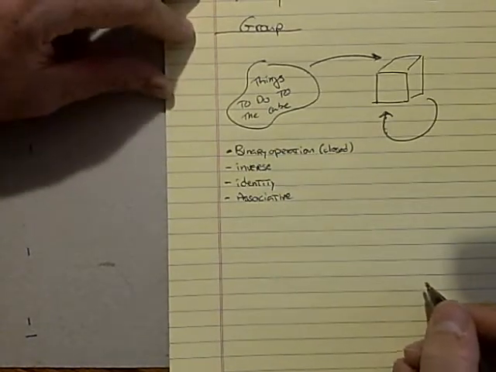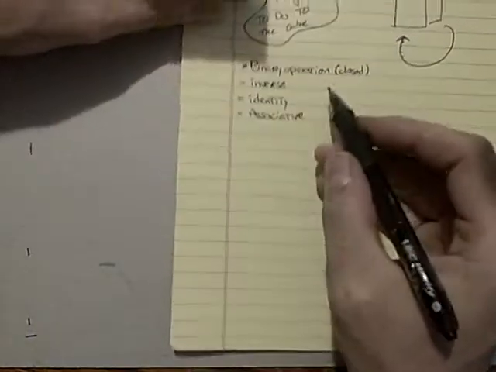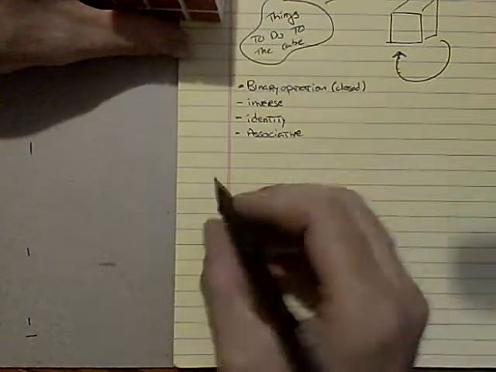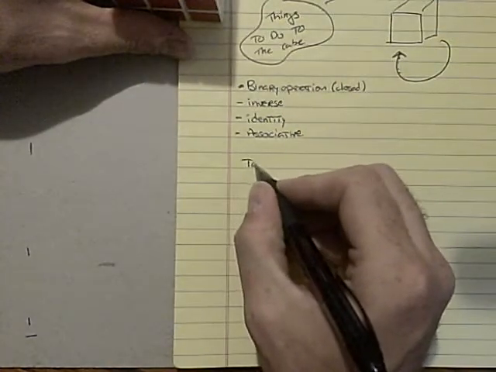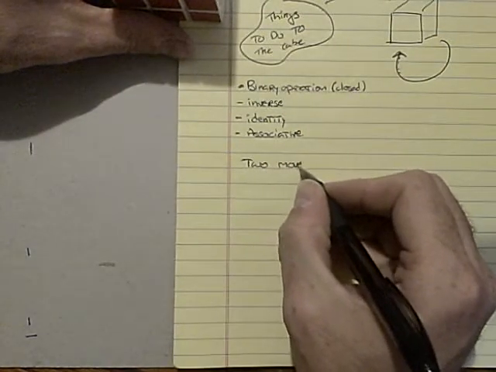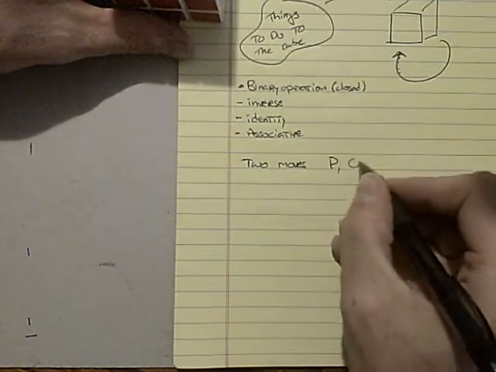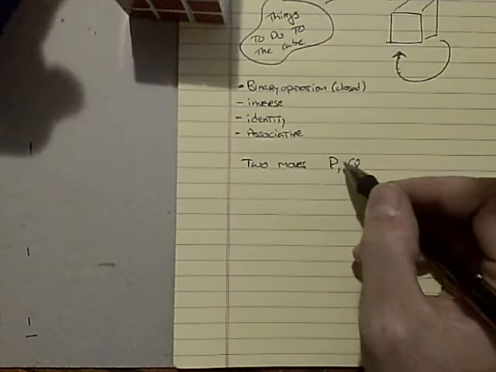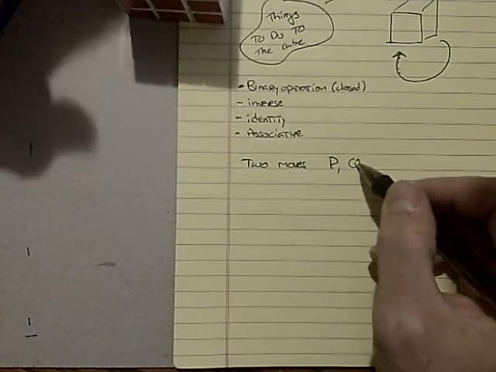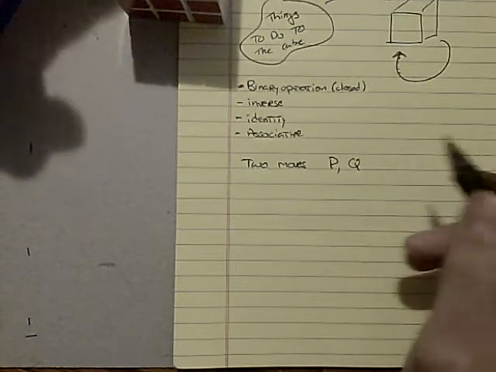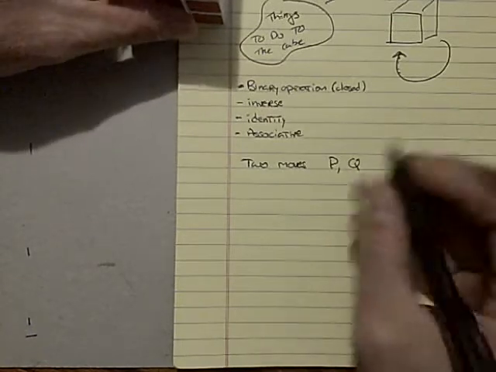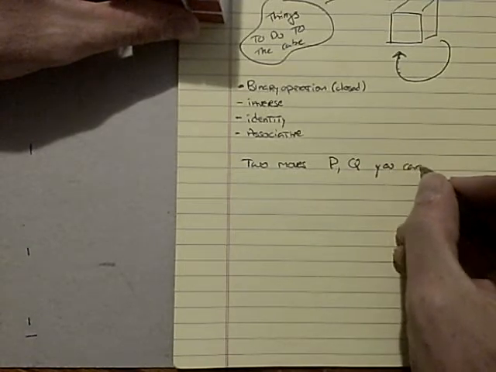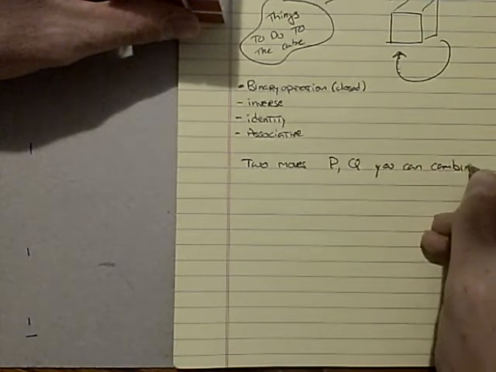So let's talk about what these things mean. The things in the cube group are just moves. So if you have two moves, say P and Q, they aren't faces. P could be some combination of R's, F's, U's. Q could be some combination of L's and U's and D's and B's and so on. If you have two moves, you can combine them to make a new move.